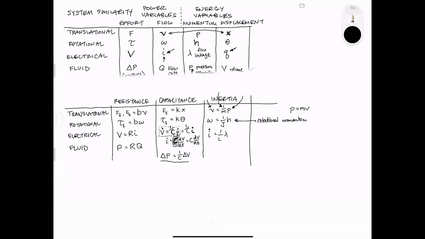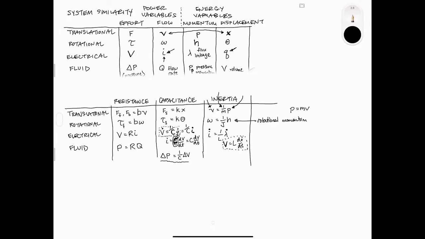So now this is I dot, and this is flux linkage dot. And ultimately, that's going to end up with an equation of V equals L di dt. This is an I right here. And this, of course, is the equation that we've been using to define the voltage across an inductor.